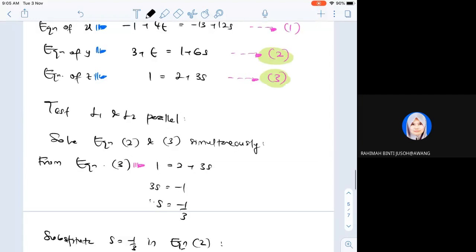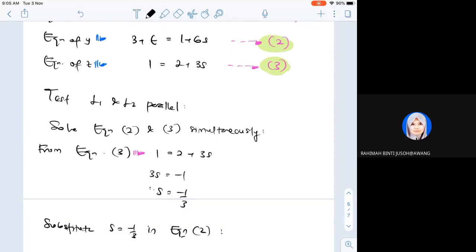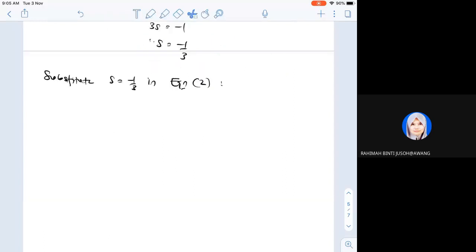So in equation 2, we have 3 plus t equals 1 plus 6 times negative 1 over 3. So we will have 3 plus t equals 1 minus 2, right?